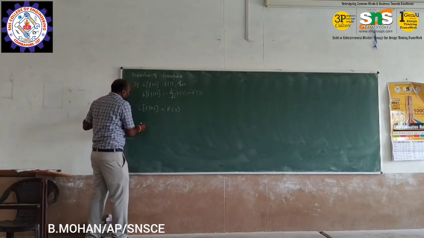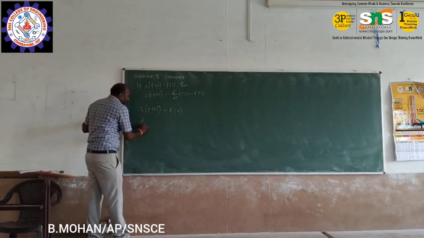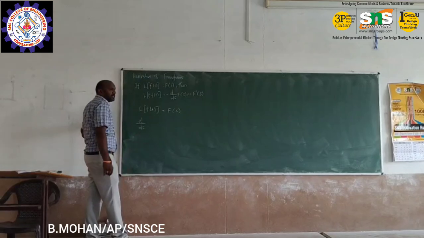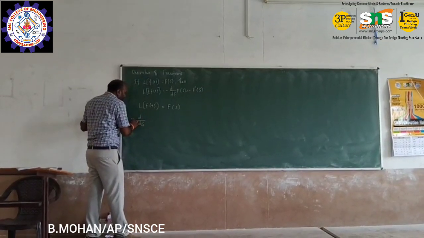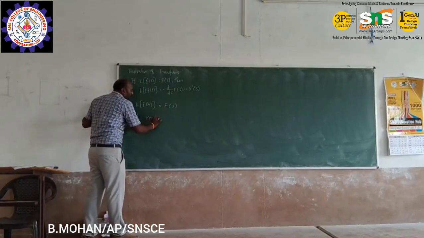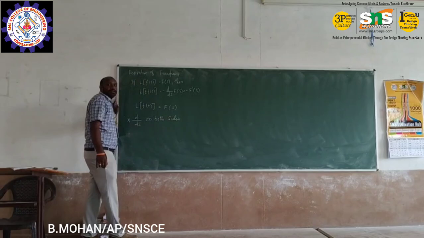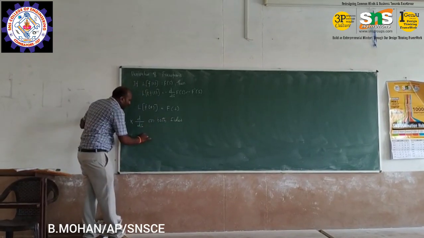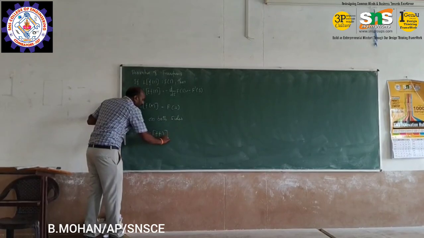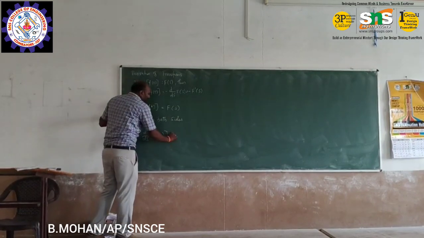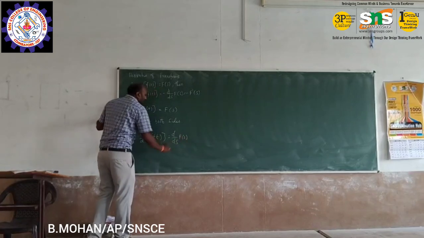Then we have to apply differentiation, d by ds, on both sides. So we multiply by d by ds on both sides, and we get d by ds of F of s is equal to d by ds of L of f of t.